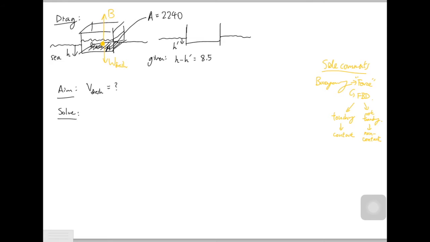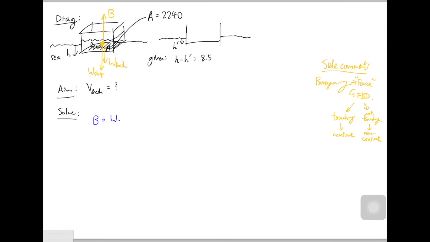Then you also ask yourself, what is a non-contact force that's going to exert a force on the ship? Well, in our physics course, we only learned one non-contact force, which is gravity. So gravity will also create a weight for the ship. So that is your free body diagram for the ship on the left. So basically, you can immediately translate that to an equation like this.